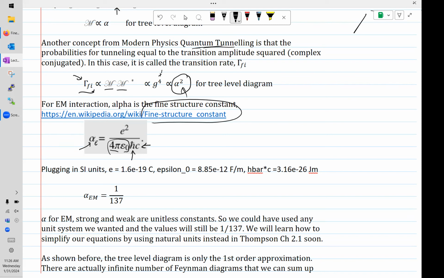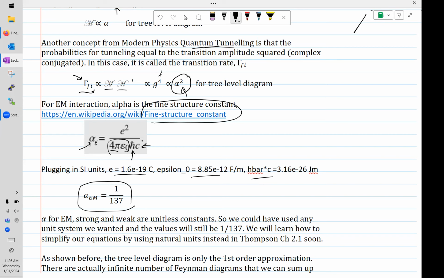If you plug in all these numbers in SI units, the electron charge, epsilon, h bar, and the speed of light, you're going to come up with a number that's 1/137. The unit for this number is nothing.